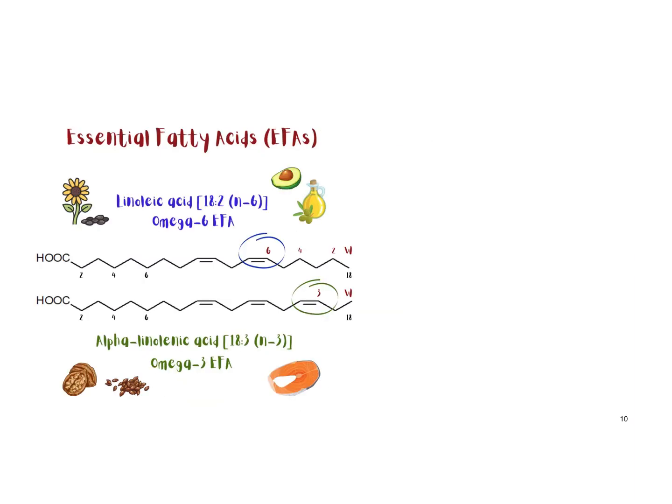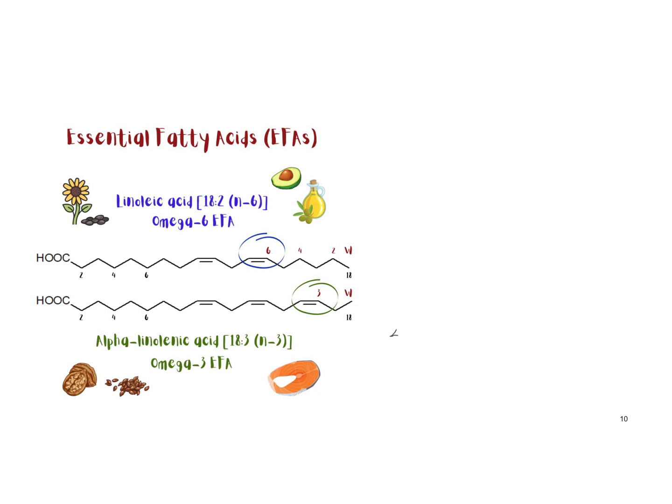Now, the body can synthesize all except 2 fatty acids it needs. And those 2 are linoleic acid here and linolenic acid here. And these are polyunsaturated fatty acids that contain 18 carbon atoms.